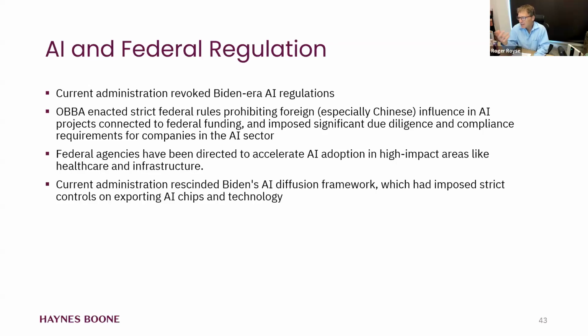And as it says here, they impose significant due diligence and compliance on companies in that sector. But we're seeing federal agencies that are directed to accelerate AI adoption. So it's a much different environment than what we had even a year ago on AI and how it gets developed. So stay tuned is all I can say.